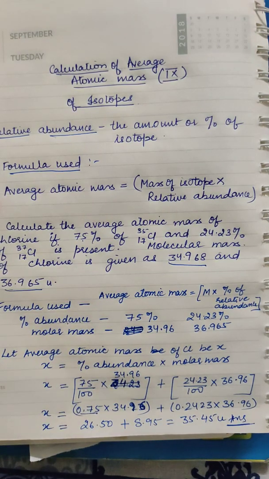I hope the question and the solution are clear to you. Simply calculate average atomic mass by using the formula: the mass given for the isotope into relative abundance. Relative abundance can be in percentage form or not in percentage form. Both forms can exist.